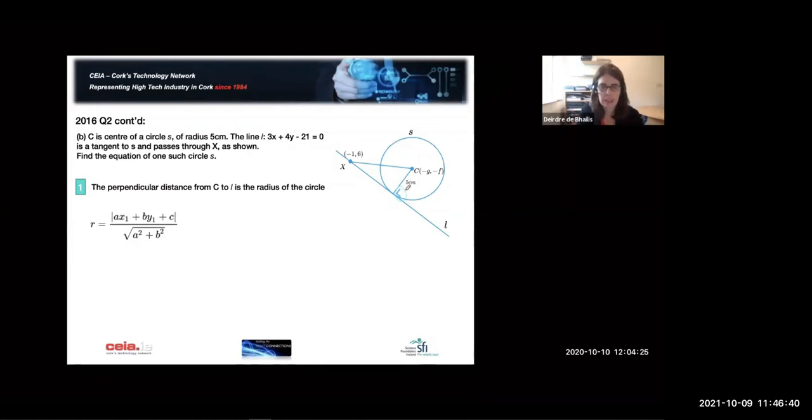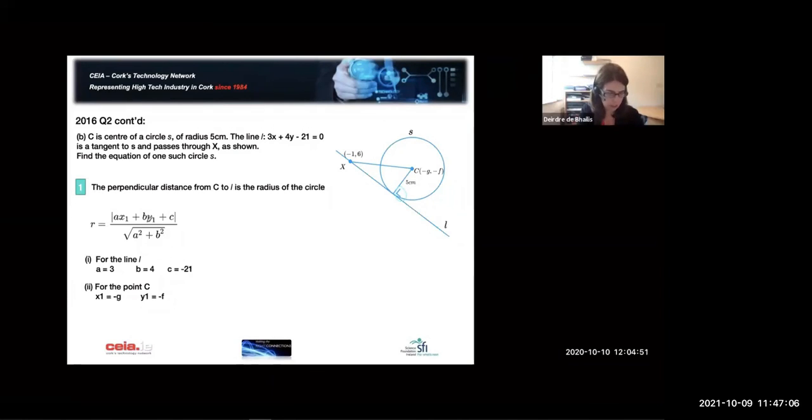We know that the radius is equal to that. And for the line L, we're going to identify our A, B, and C, being very careful with our positives and negatives, to be able to populate this equation. And we know that for the point C, we're looking at the center of the circle. For now, we just know that that's -g and -f.